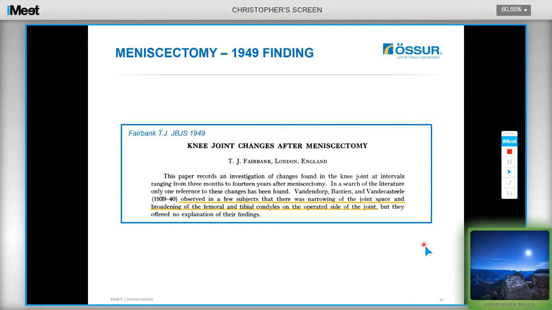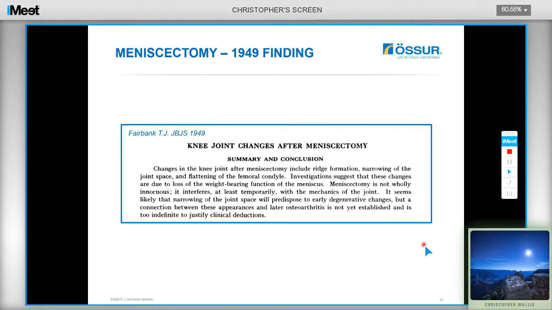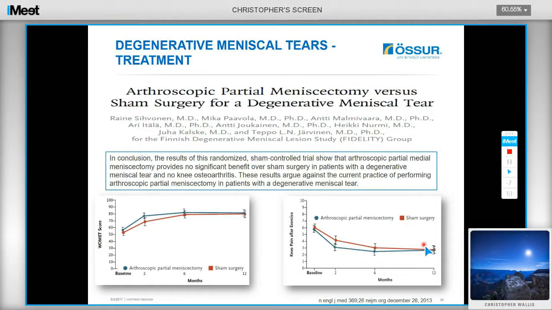Even as early as that, they're talking in the language of this arthritic change. And what they concluded from that was that a meniscectomy is not innocuous and it interferes with the mechanics of the joint. And it seems that narrowing of the joint space will certainly predispose them to early degenerative changes. So as early as 1949, this was established.